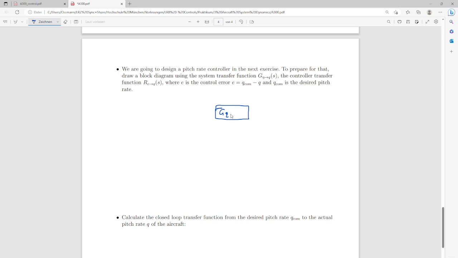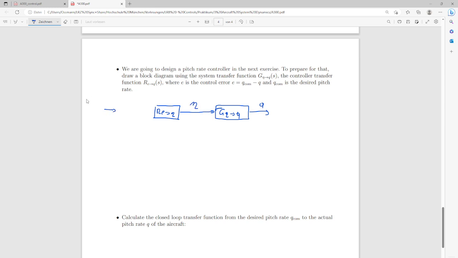Okay, so we have our transfer function where we have the elevator deflection going to our pitch rate. The output obviously is our pitch rate here, and we have an error. We have a controller which takes the error, processes it, and gives us the elevator command. So here would be our elevator command.